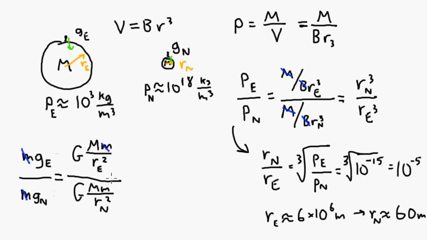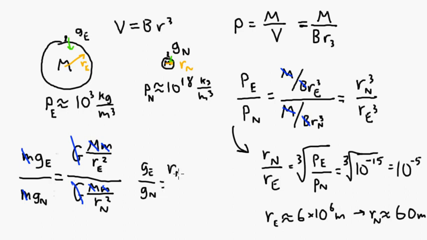So what you get now, and I'm going to flip this over, is that this is denominator of the numerator, so it goes down to the denominator. This is denominator of the denominator, so it becomes the numerator. So g_e over g_n equals Rn squared over Re squared.